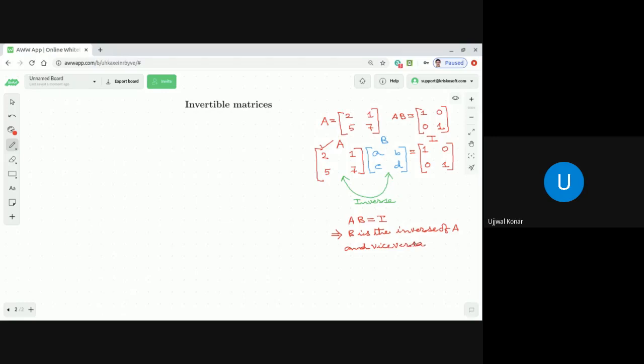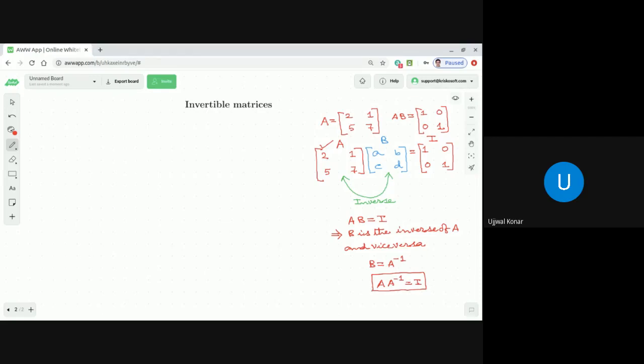That means the opposite statement is also true: A is the inverse of B. Generally, inverse is denoted by A inverse. That means we can write B is equal to A inverse. That is the way to write it. So we get A into A inverse is equal to an identity matrix. Correct, my dear students?